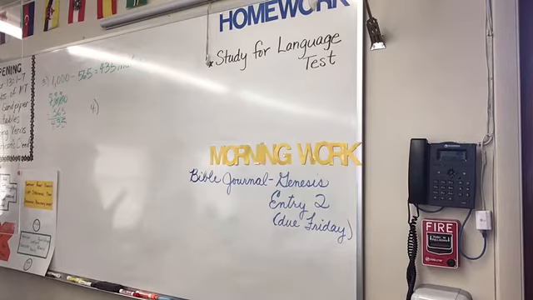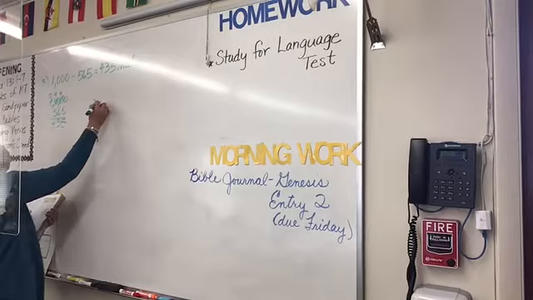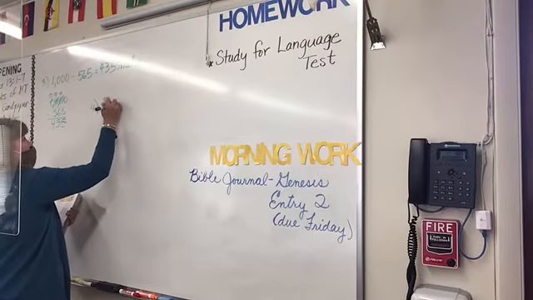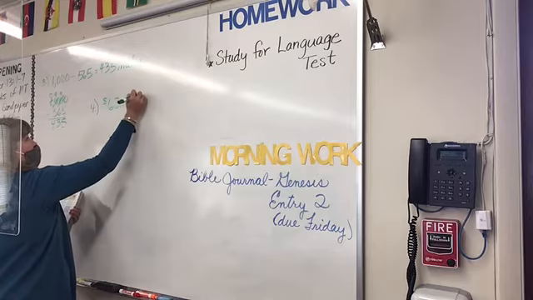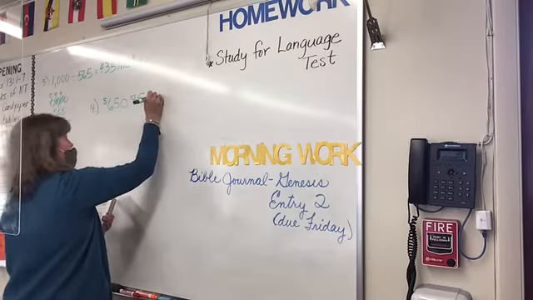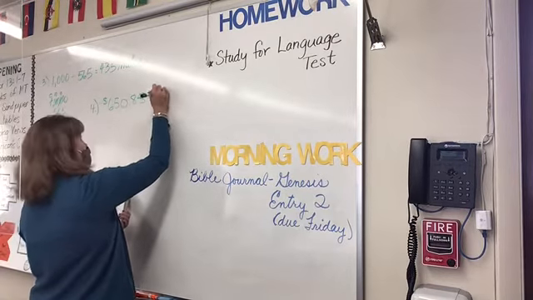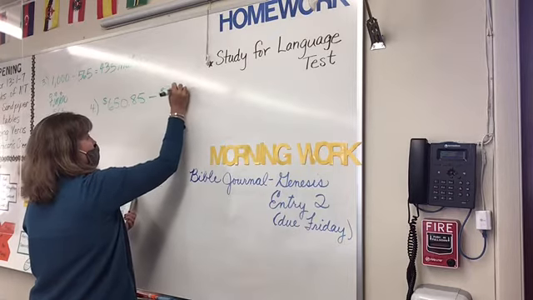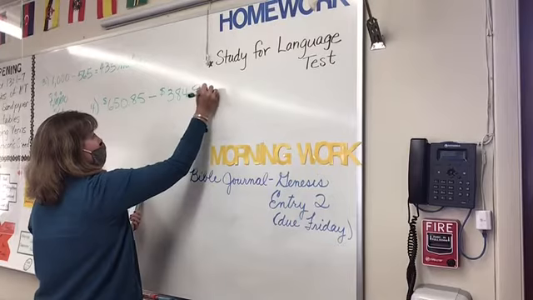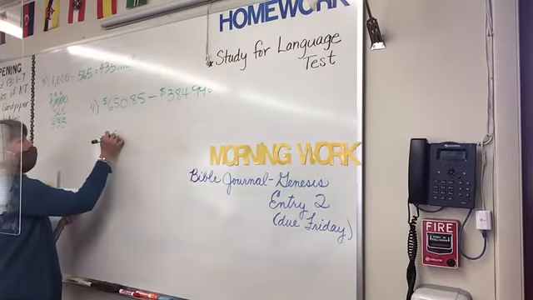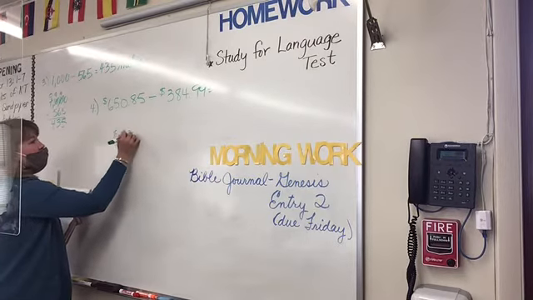All right, so again, it gives us the total, and we have a part. We need to find the other part. So, write our total first. So we've got $650.85 minus $384.99. So go ahead and solve for that and see what you get.